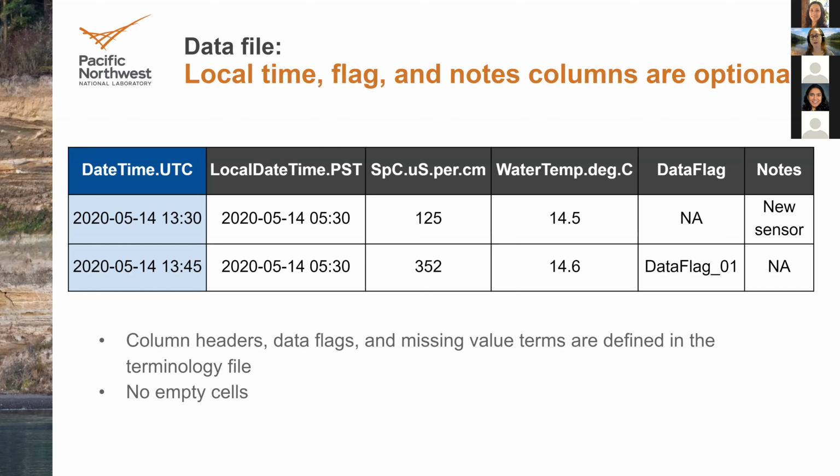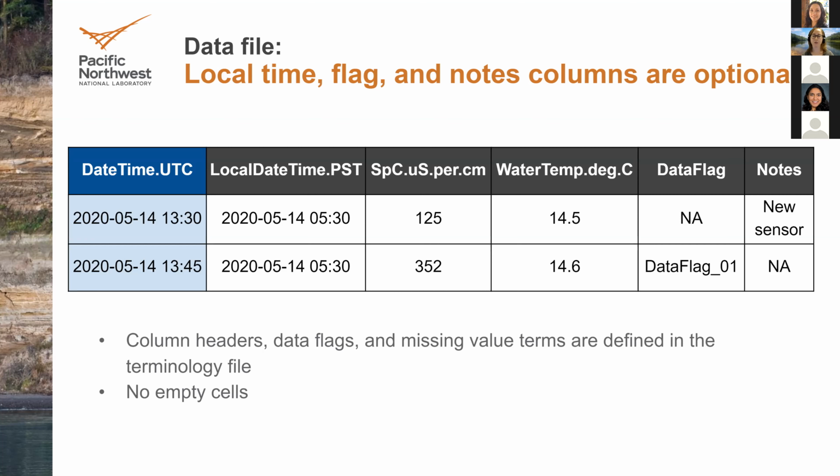And then here are just some example parameters, specific conductivity and water temperature, so that you can see the format that we're suggesting for the column headers. We do suggest having units in the column headers and having the different parts separated with periods.